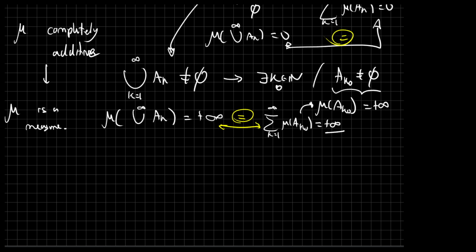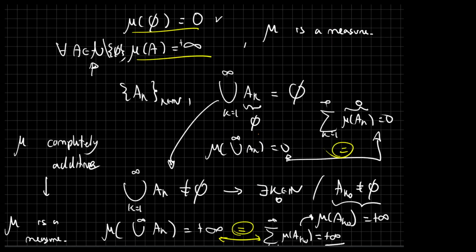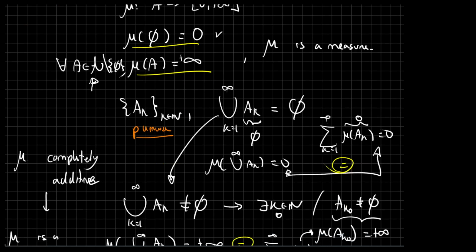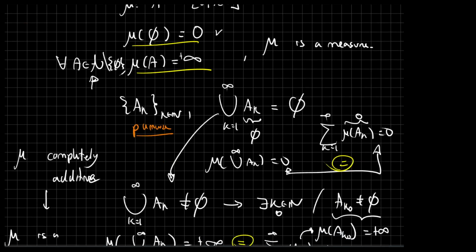In these cases, it is so trivial that we don't need to really consider if this family is pairwise disjoint or not, because of the simplicity of the example. But on more complicated examples, you will need to really take care of this condition.